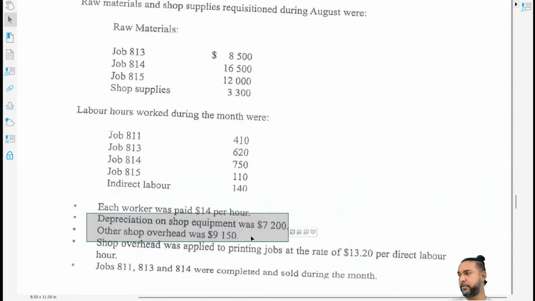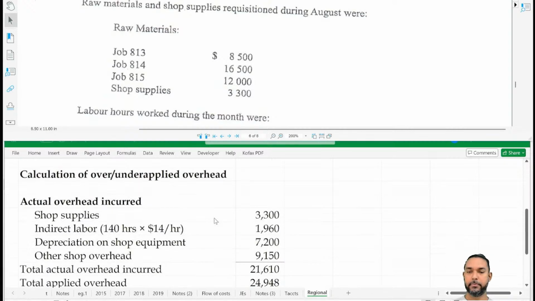All right, so we have the shop supplies, which is the indirect materials, 3,300. The indirect labor, you have 140 hours by $14 per hour. So that's 14 by 14, 1,960. Okay, and then we have another two plug and play figures, 7,200 and 9,150. All right, so let's put that on top, put this below.